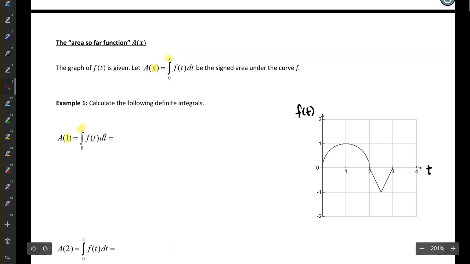This is finding the area under f as x goes from 0 to 1. That's still pretty new to us, so I want to write that sentence. And it is a signed area, meaning positive or negative.